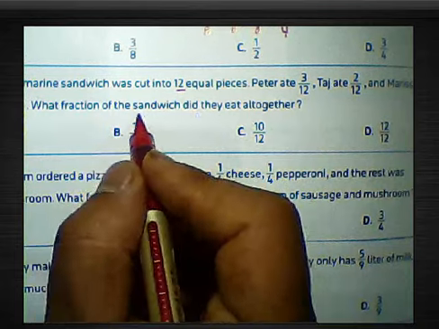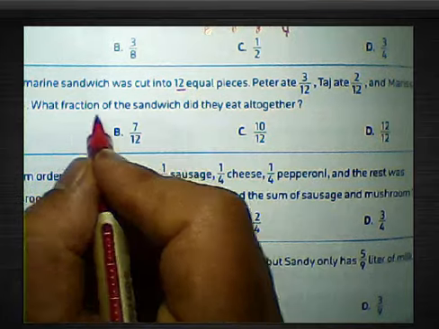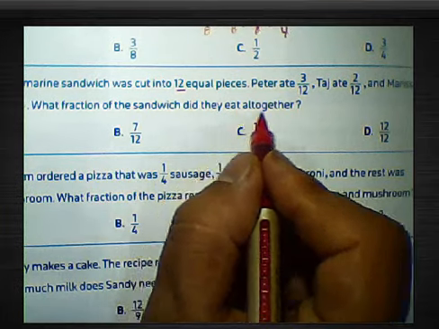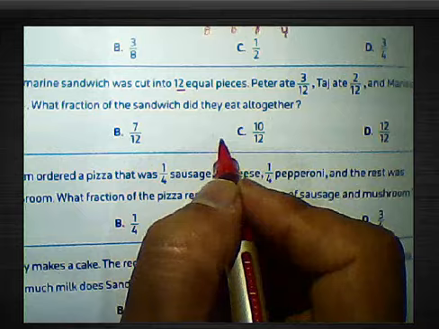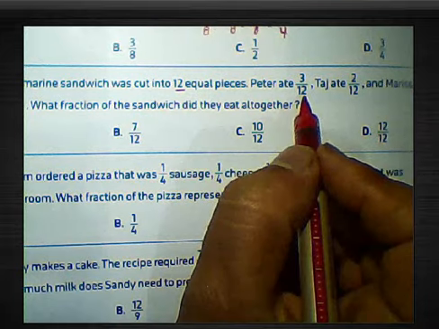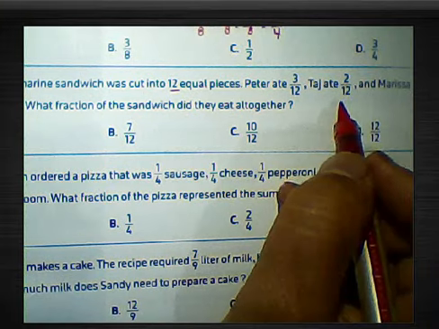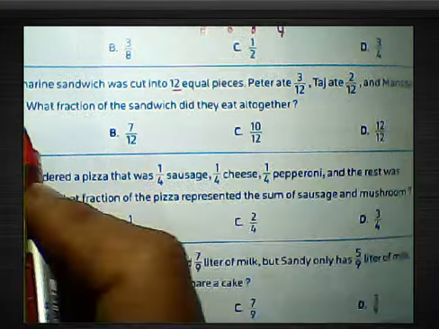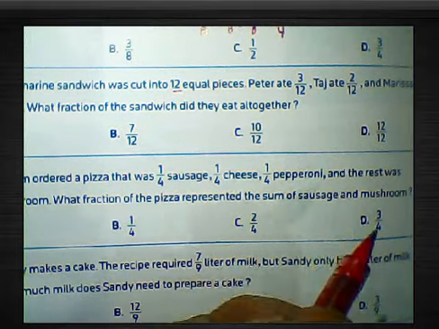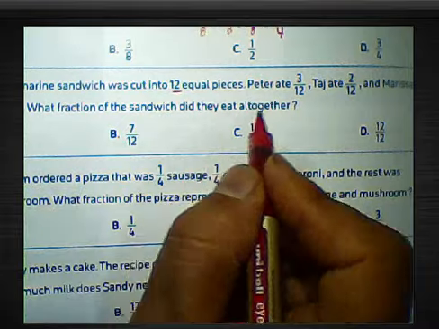What fraction of the sandwich did they eat all together? We can find the total of them, because he asked what fraction of the sandwich they ate all together.